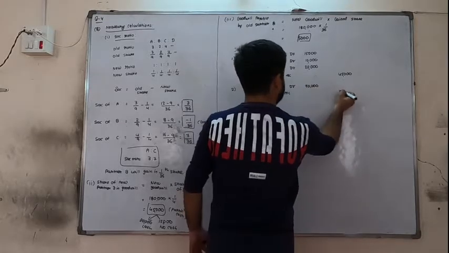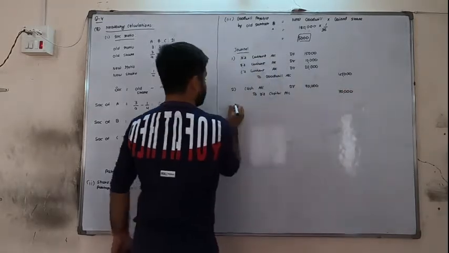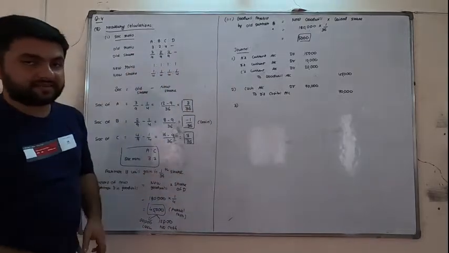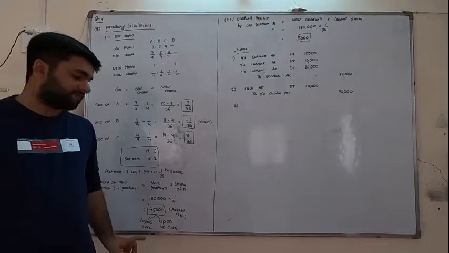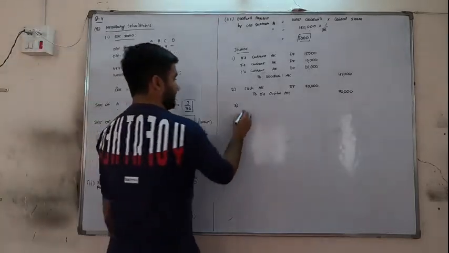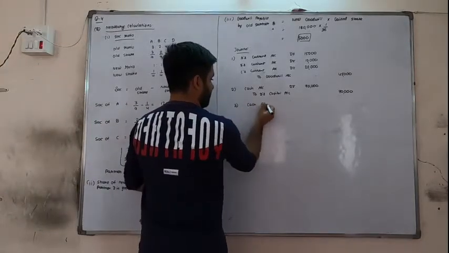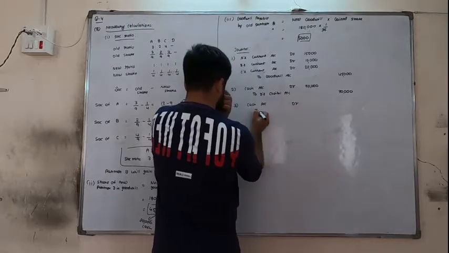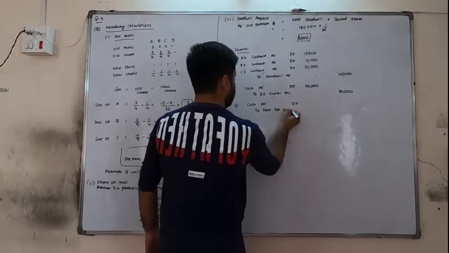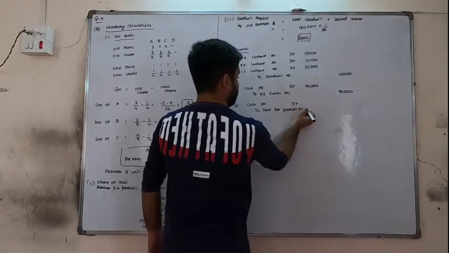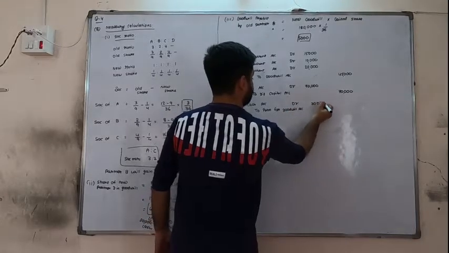So 70,000. As per the format, the third entry is regarding bringing goodwill premium in cash. Now the total is 45,000, but only 30,000 is brought in cash. So cash account debit to premium for goodwill account, rupees 30,000.